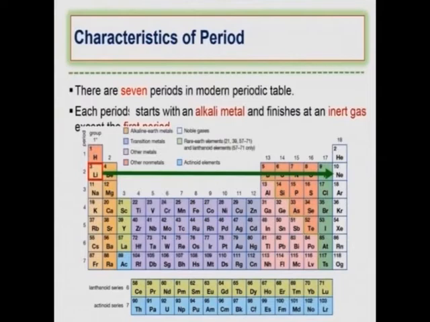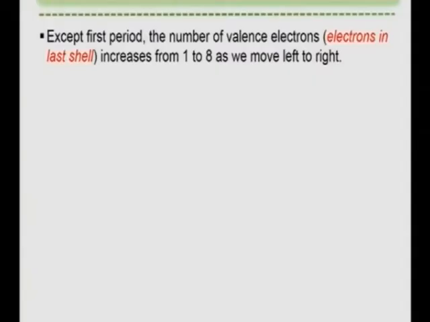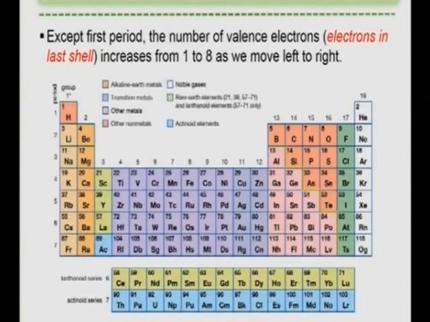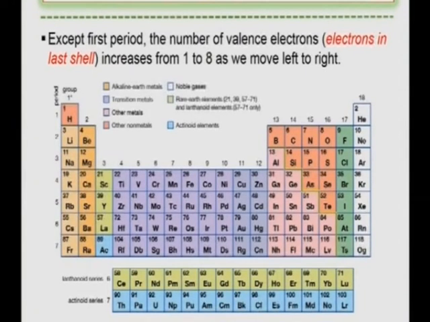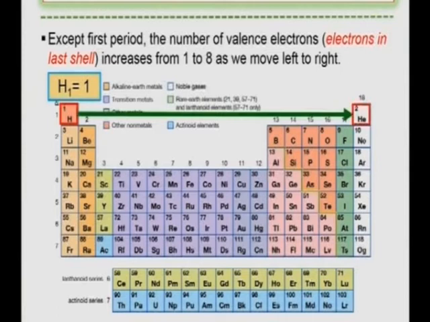As we all know, except for the first period, the number of valence electrons increases from 1 to 8 as we move from left to right. In the periodic table, the first period has hydrogen and helium, which is an exception, whereas from the second period onwards the valence electrons increase from 1 to 8.